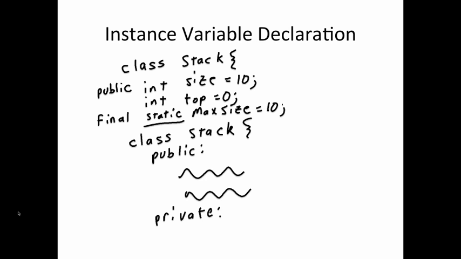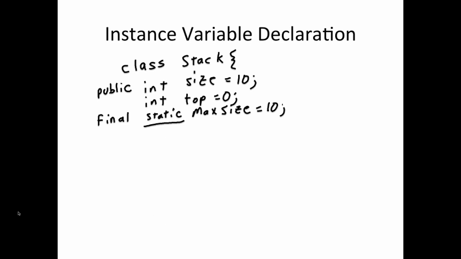In fact, because final is essentially making a constant, and it makes no sense to share this variable or to have an individual copy, then you can omit the static word. So if you simply say final int max size equals 10, then it's also considered a constant.